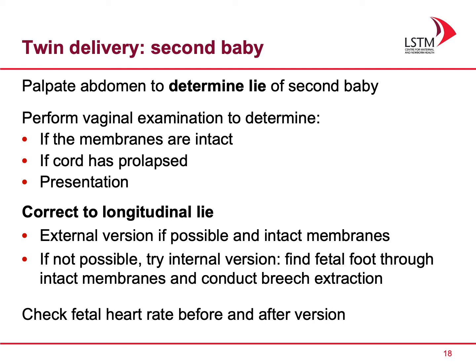And even sometimes the membranes might rupture during these procedures, and you might be forced to take another direction of delivery. Check fetal heart rate before and after doing these two versions.